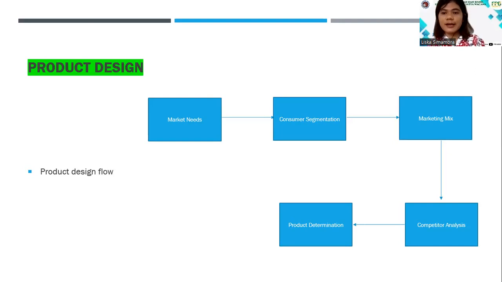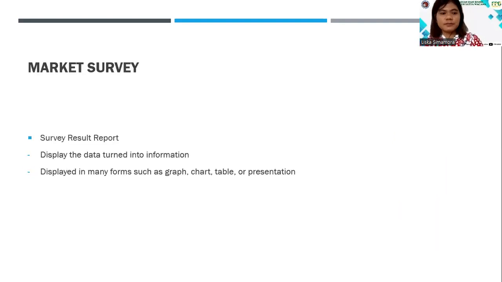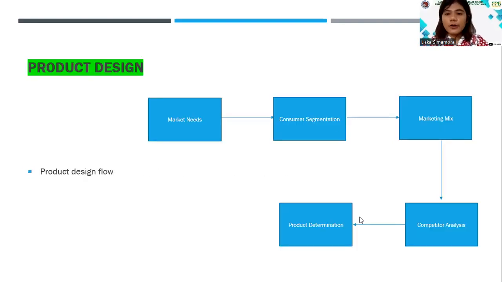Product design has a flow as presented here. You have to know the market needs. In market analysis, you know market volume and market trends, right? But market needs go more specific.